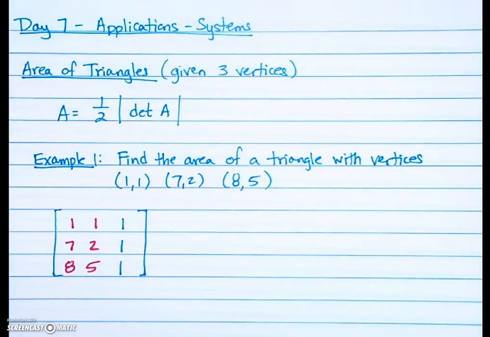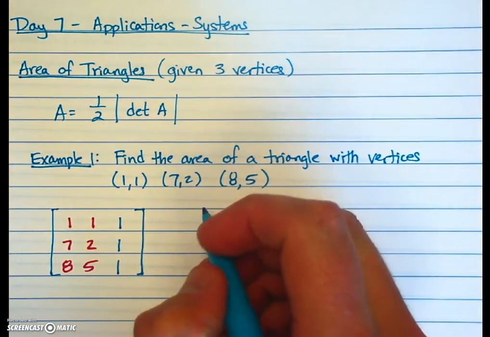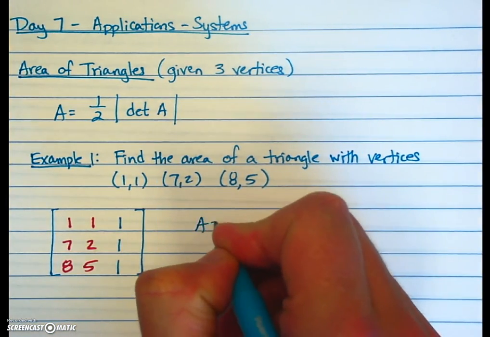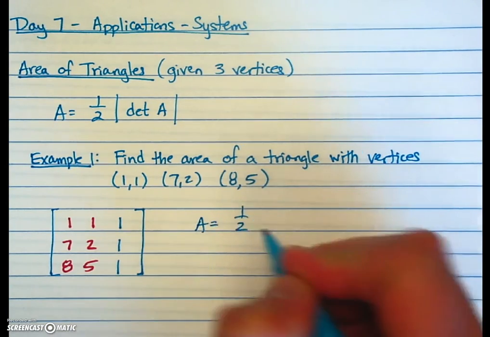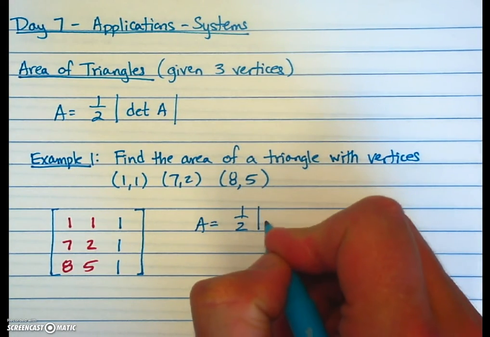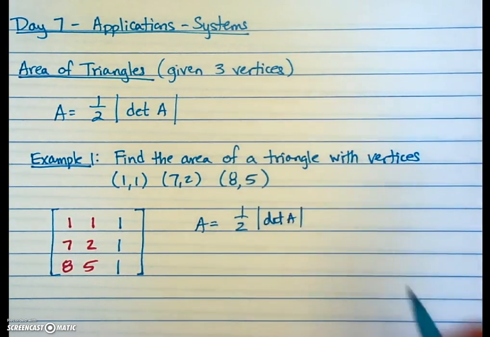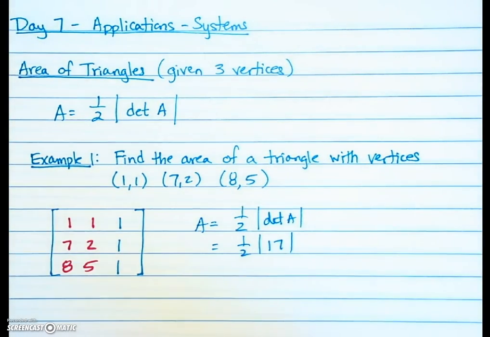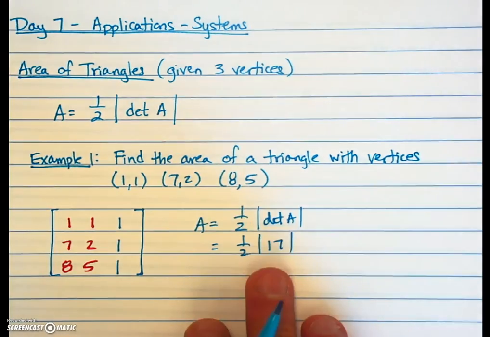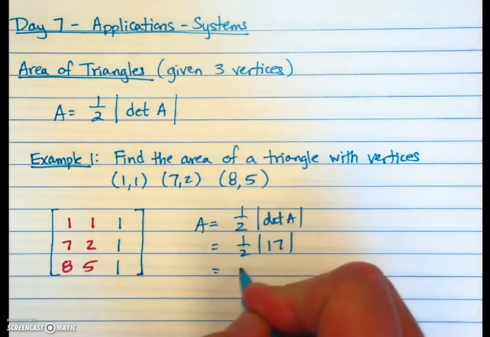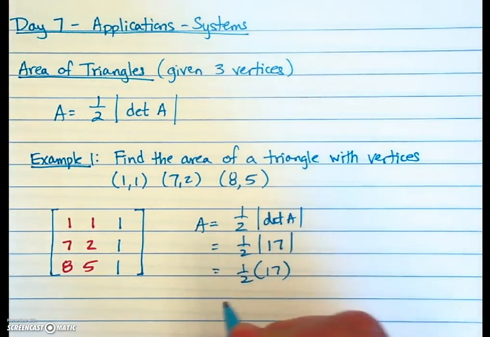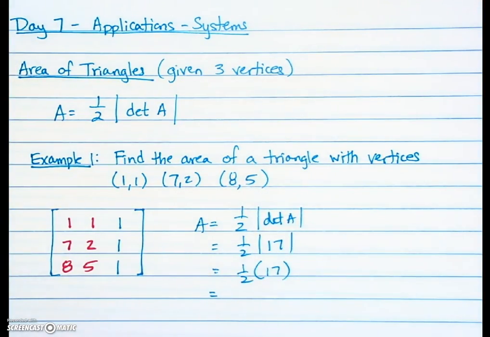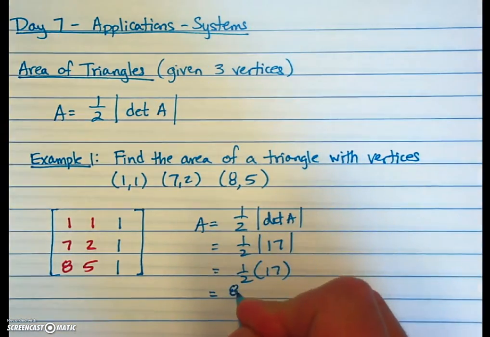So what I'm going to do now, in order to solve the problem, is take my area. It's going to equal 1/2 times the determinant of the matrix that I just put in. So the determinant was 17, and the absolute value of that is 17. So 1/2 of 17, and that's going to come out to be 8.5.